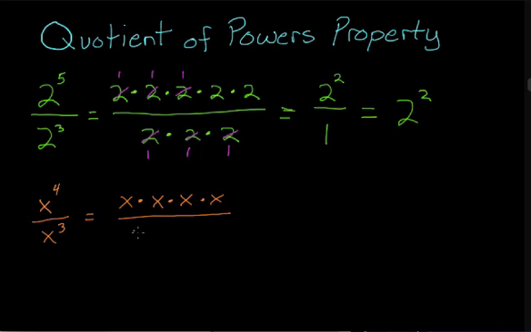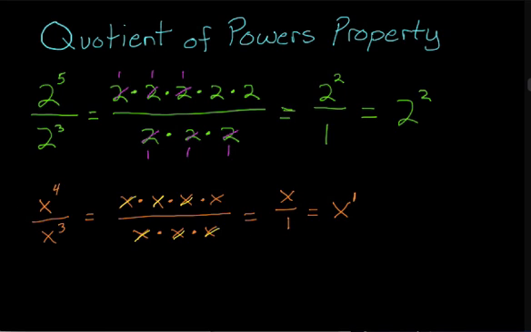And then in the denominator, we're going to have x times x times x. And again, same relationship. These x's cancel, those x's cancel, these x's cancel, and we're left with an x in the numerator and just a 1 in the denominator, which can be simplified as just x. Or in this case, x to the 1. Let's put a 1 there so we can start to see a pattern.